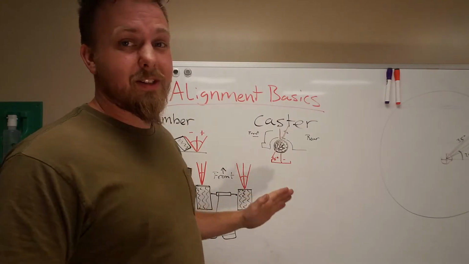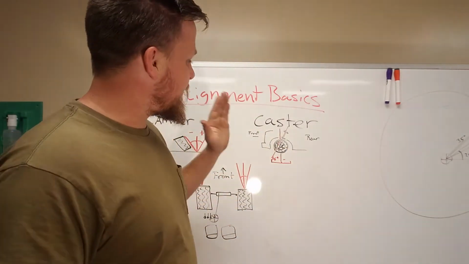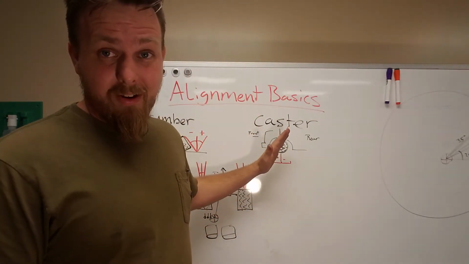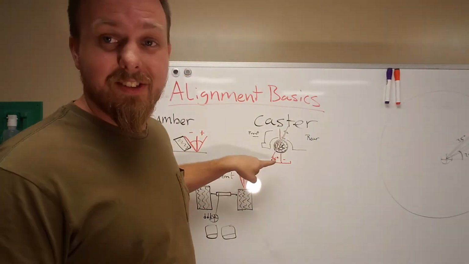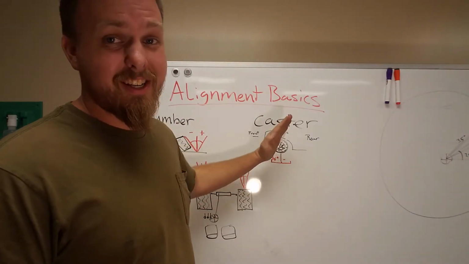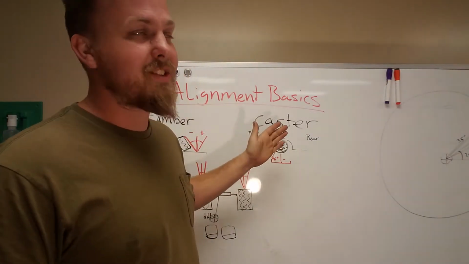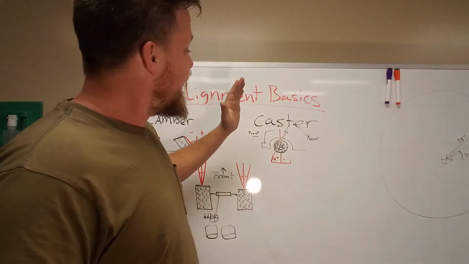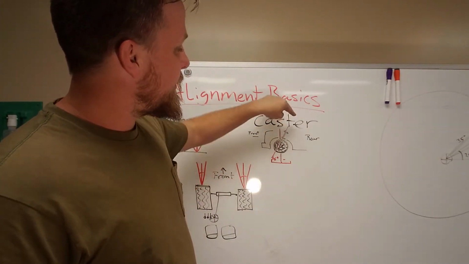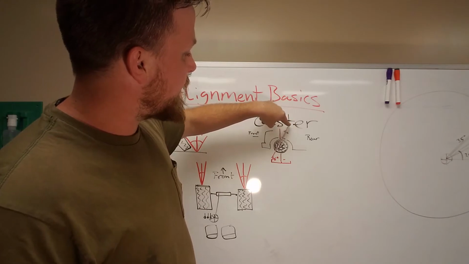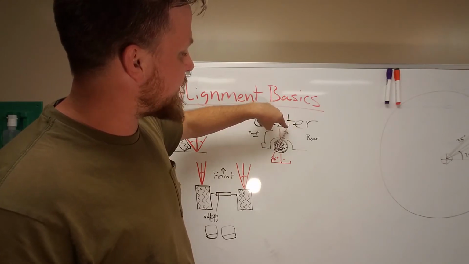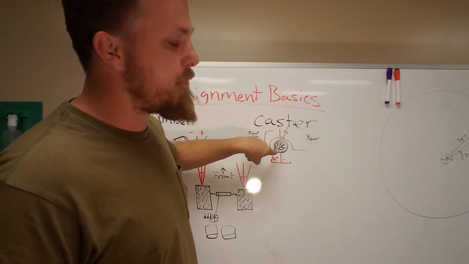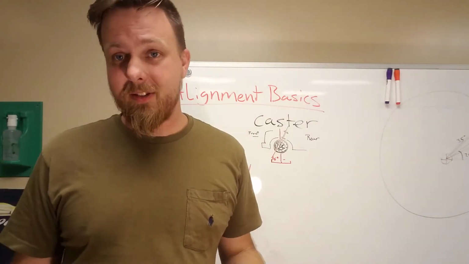Now, what caster is, is the steering axis. Steering axis inclination is a different thing, but anyway, it's the steering axis. You draw a line from the top of the steering axis through the bottom, where the ball joint is on the wheel.